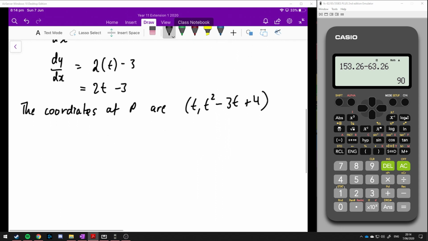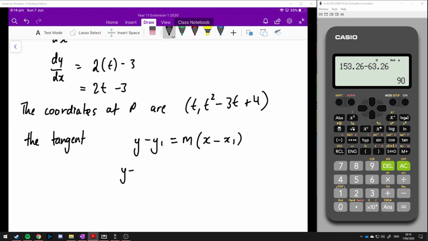Okay, so the tangent then becomes, we're going to substitute this into our point-gradient form. So we get y minus, now our y1 is this guy up here, t squared minus 3t plus 4.